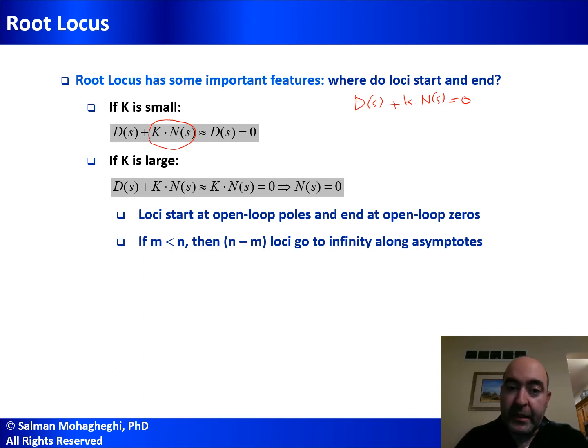And I can say that the roots of that polynomial will be the poles of my closed loop system. What are the roots of D of s equals 0? Well, D of s is the denominator of the open loop gain. So these will be the poles of the open loop system.